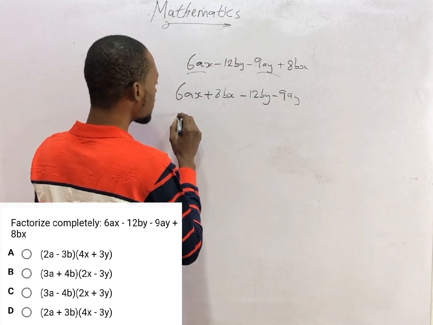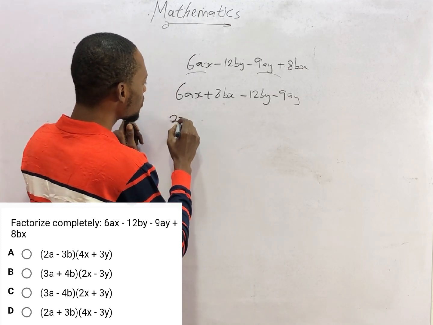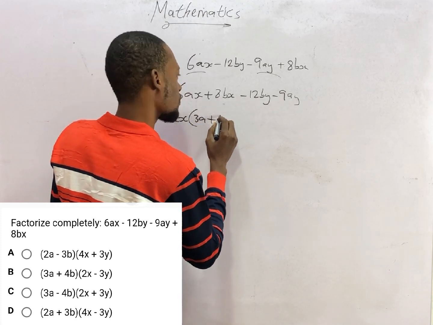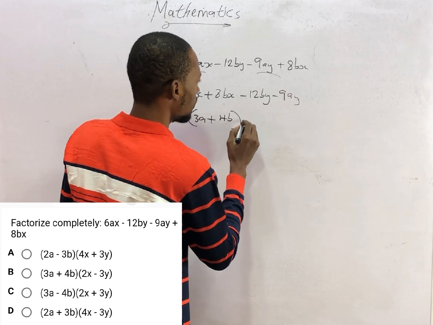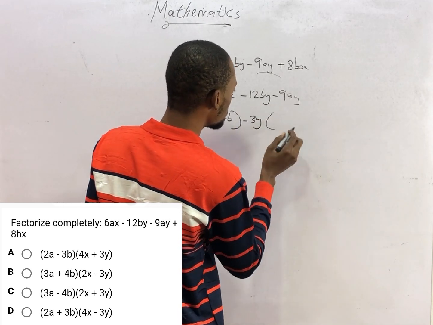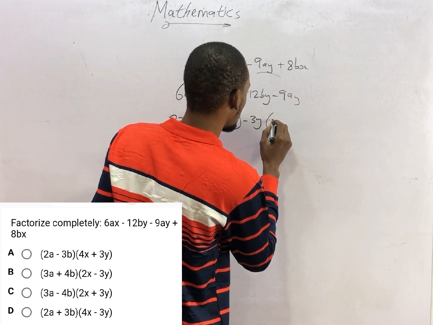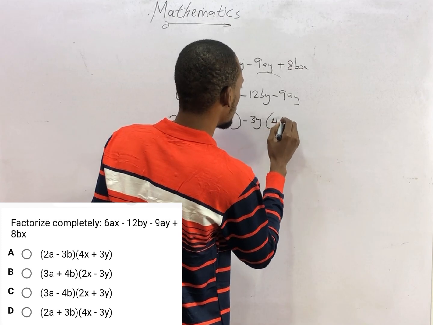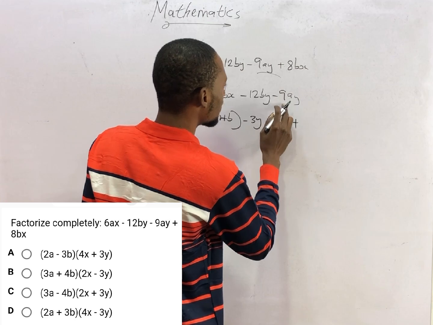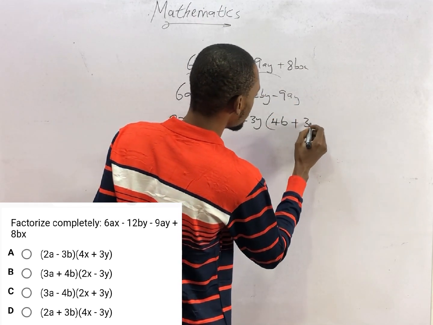S is common. So once you bring out one s, 2s is common. Once you bring out 2s, you have 3a plus 4b minus, here 3 is common as well, 3y is common, to give you 4b plus, here 9ay divided by 3y, that will give you 3a.